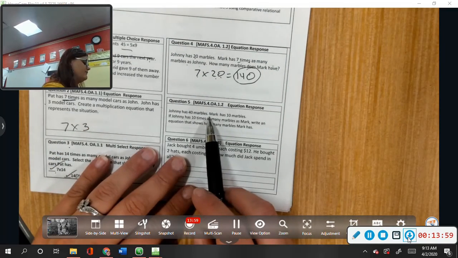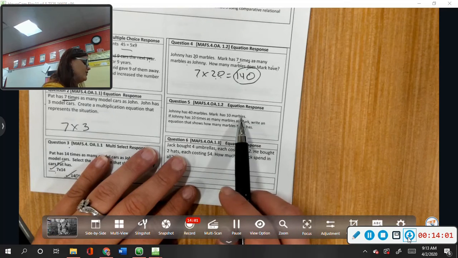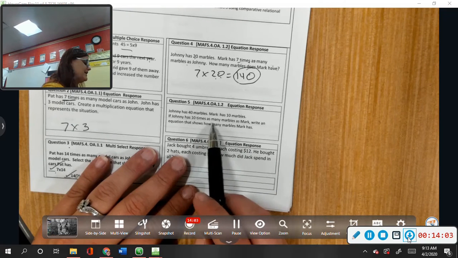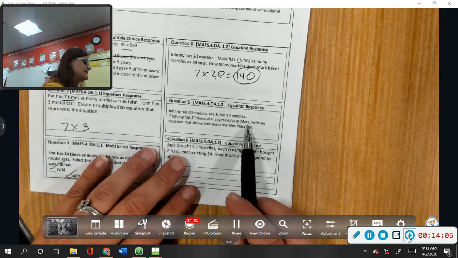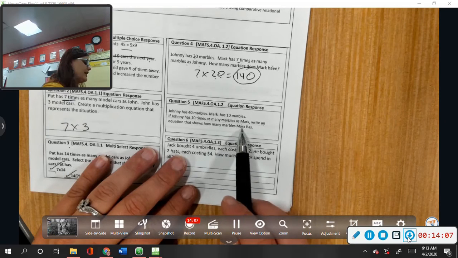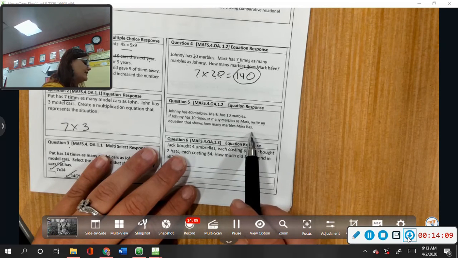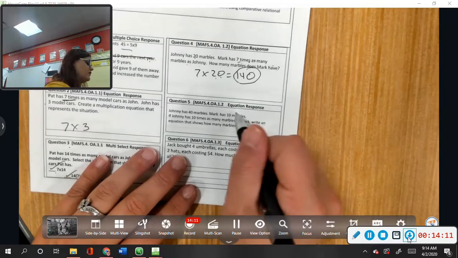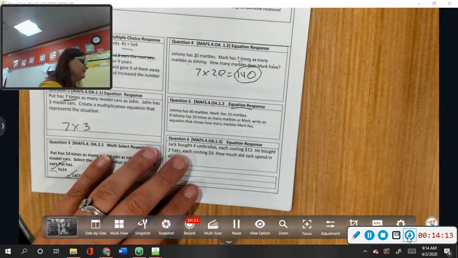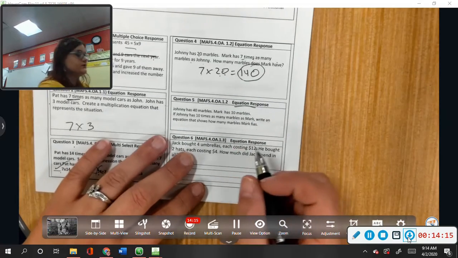Number 5. Johnny has 40 marbles. Mark has 10 marbles. If Johnny has 10 times as many marbles as Mark, write an equation that shows how many marbles Mark has. So let's break this down. It's wanting us just to do an equation. We're not solving, we're just writing an equation.